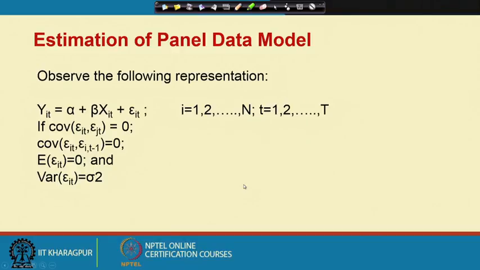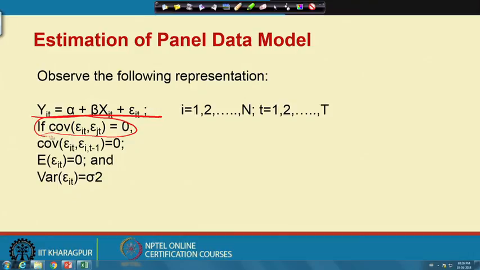So, in order to understand this, let us start with a simple panel data structure here. y_it = alpha + beta x_it. So, this is the model, and assuming that the covariance of two error terms should be equal to 0.